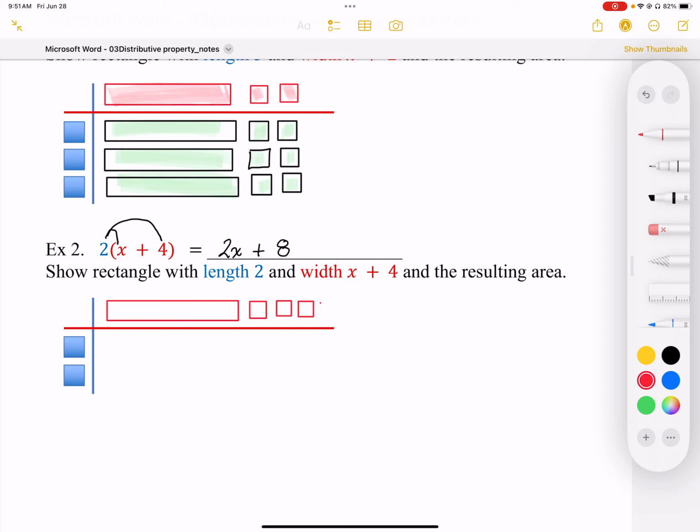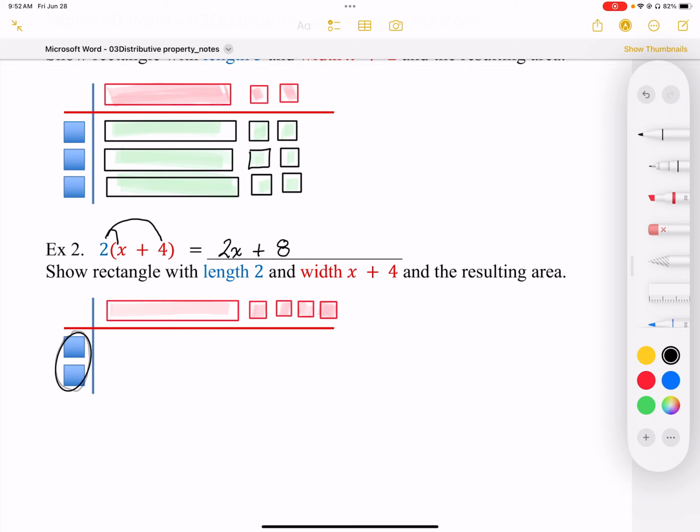So we should end up with 2 x's in the area portion of this, and 8 ones. So I'm just going to shade that in to make sure that we know that those are positive. Everything is positive that we're working with in this case.